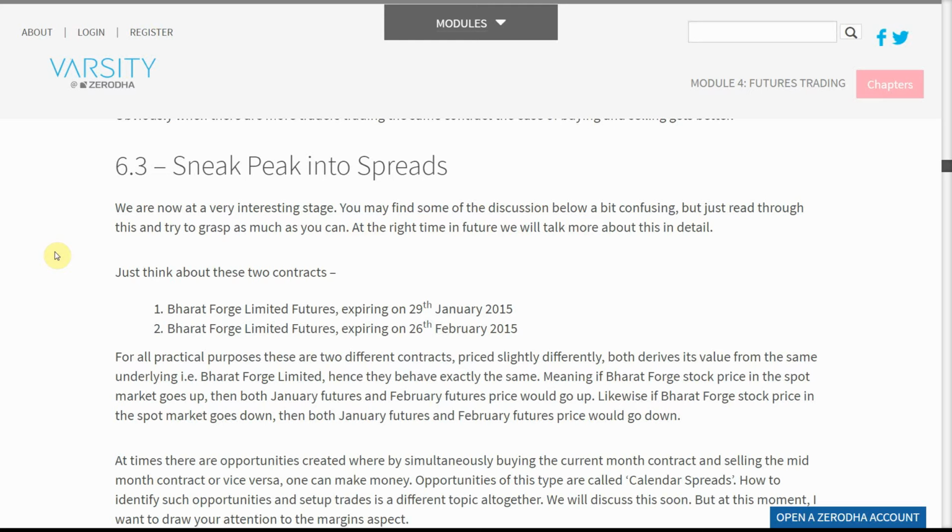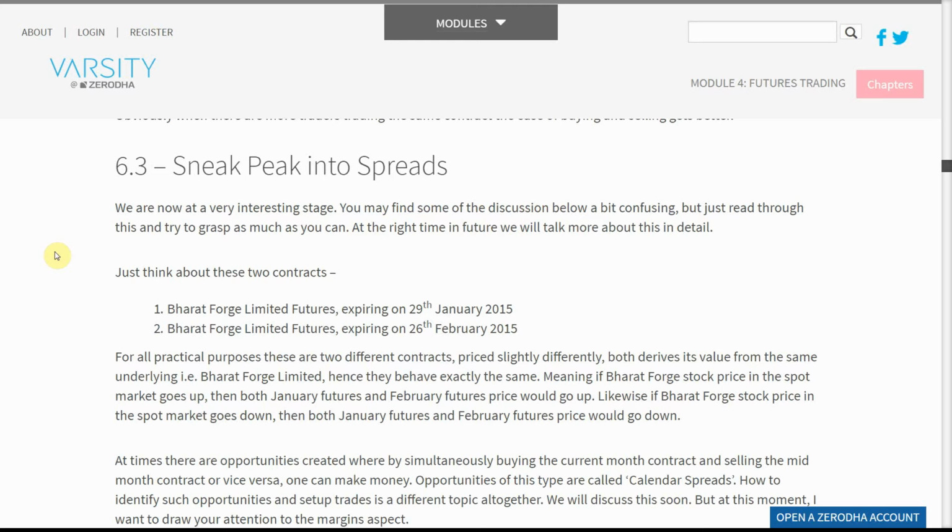For all practical purposes, these are 2 different contracts, priced slightly differently. Both derive their value from the same underlying, i.e., Bharat Forge Limited. Hence they behave exactly the same. Meaning if the Bharat Forge stock price in the spot market goes up, then both January futures and February futures price would go up.